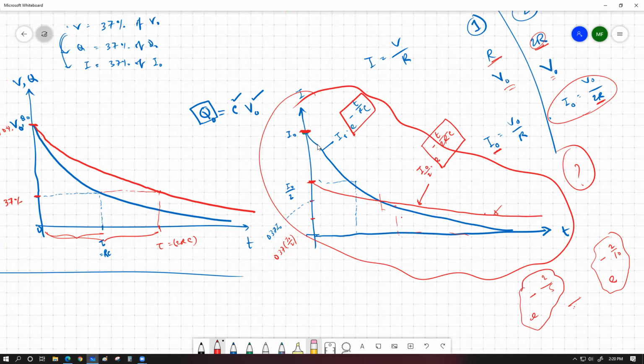So the idea is that the second capacitor, which has a larger resistance, is going to discharge significantly slower compared to the first capacitor. So the first capacitor always starts from a much higher initial current. It's going to drop pretty fast, whereas the second capacitor is going to start from half the current, but it's going to drop pretty slowly. So at a certain point, the first capacitor's current is going to go down.